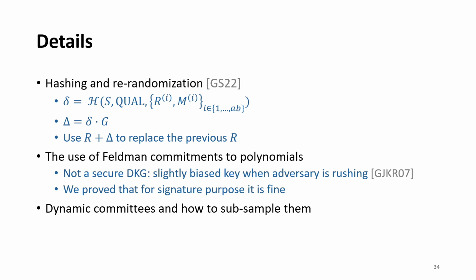Also, we cut the cost by using Feldman commitments to polynomials, and that results in a non-secure distributed key generation. But we prove that for signature purposes, it is fine. And finally, we also show in the paper how to set up the secret key and how to transfer the secret key from one set to another.